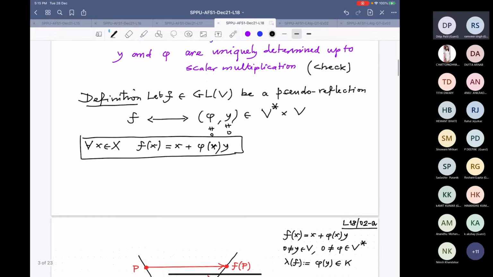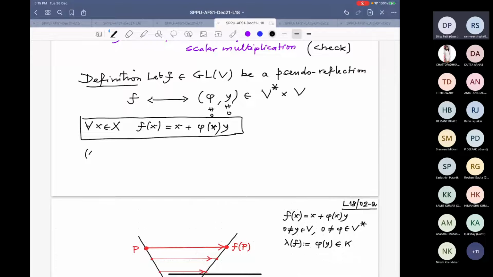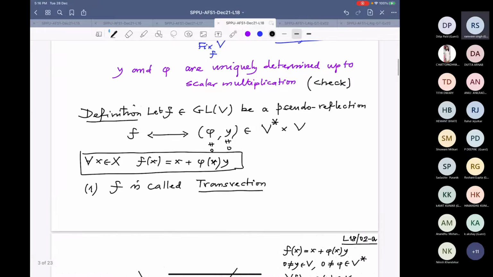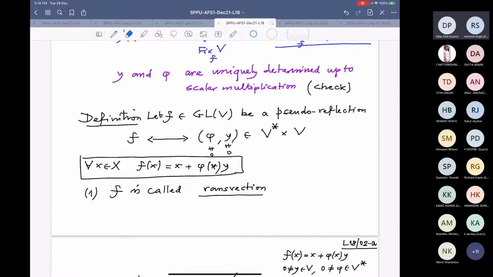All right. So now, F is called a transvection, or some books call it shearing, if phi(y) is 0.